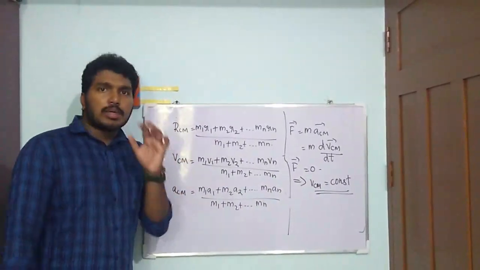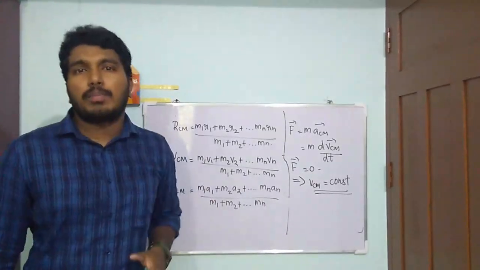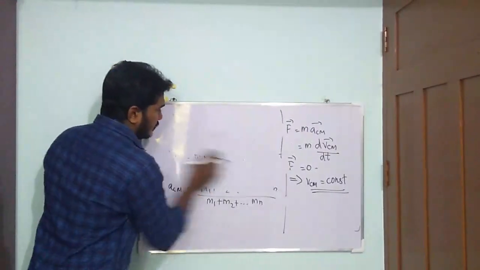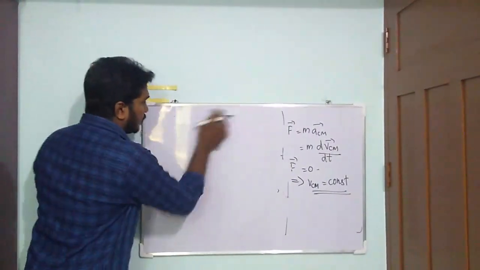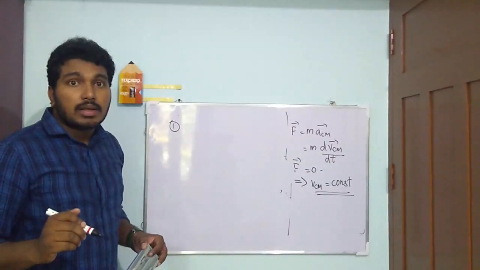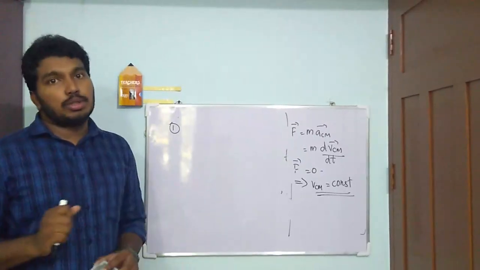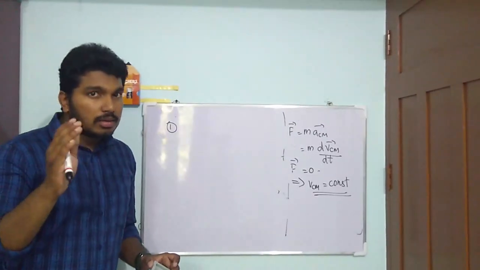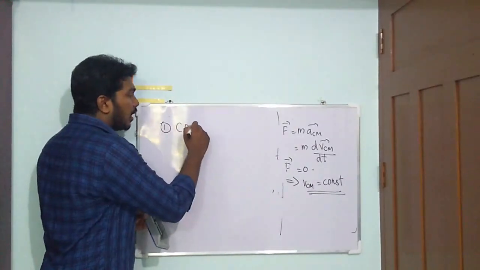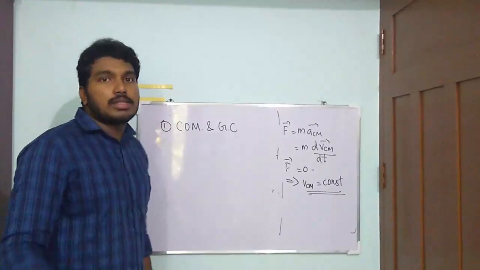So now, talking about center of mass, we need to remember some major important properties about it. The first property I would like to mention is, for a uniform mass distribution, the center of mass and the geometric center will be coinciding.